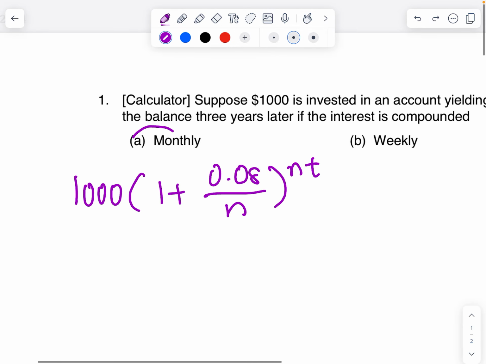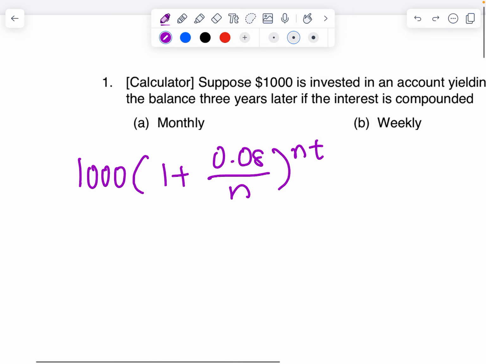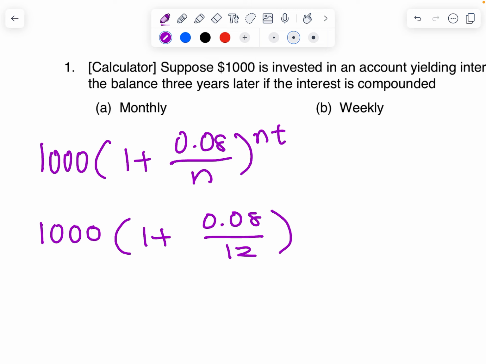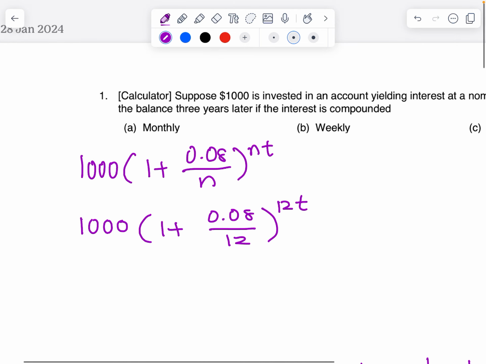And so for the first one, how many months? I know that there's 12 months. From January to December, there's 12 months in a year. So you can put n as 12. And then here, n is 12 times t. So we completed our formula.